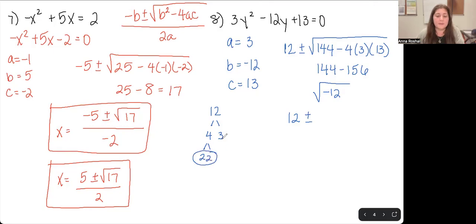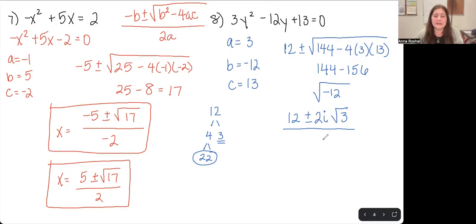So the 2's will come out and the 3 will stay in the radical. So again, sometimes I've seen it written 2i root 3, and sometimes I've seen it written 2 root 3i. Both are generally acceptable. I don't think there's one that's more acceptable than another.